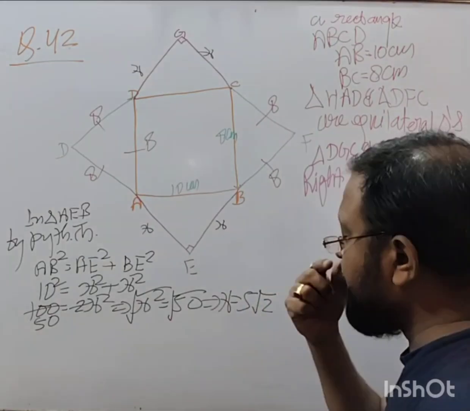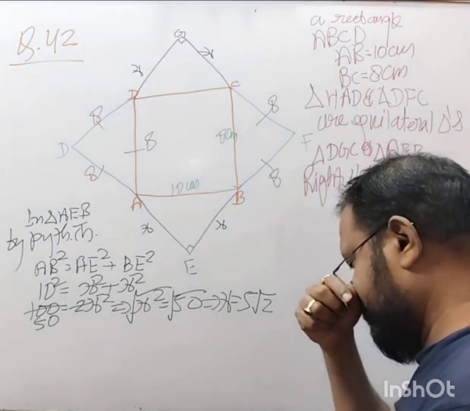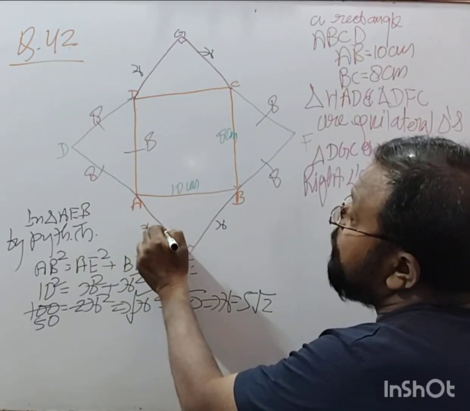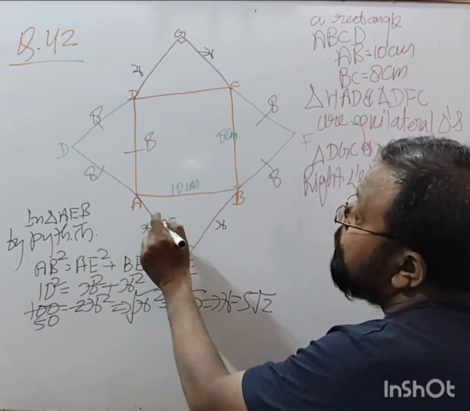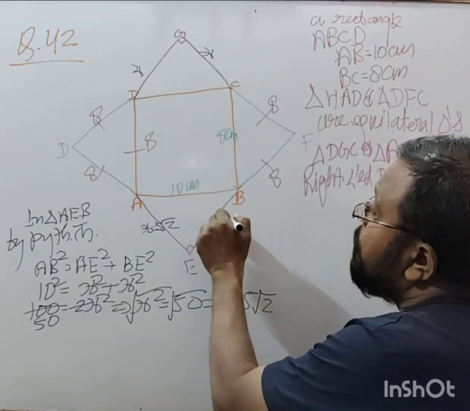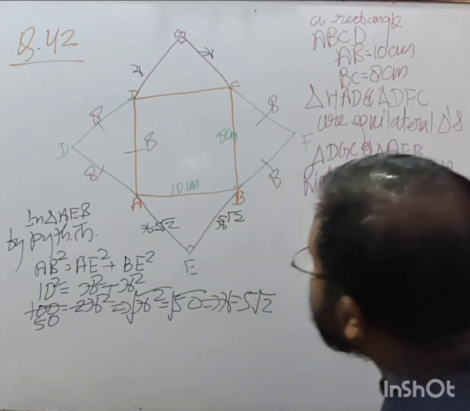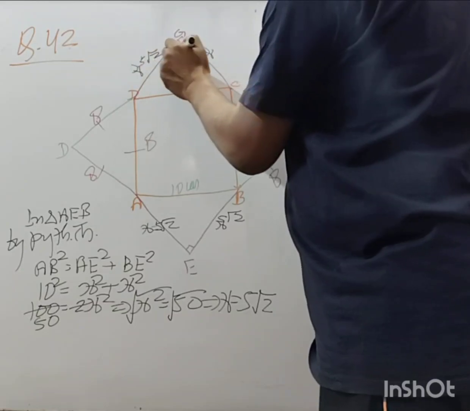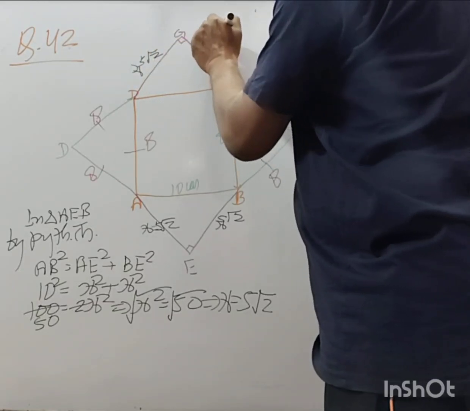X is equal to 5 root 2, right? So this is 5 root 2, 5 root 2, 5 root 2 and 5 root 2.